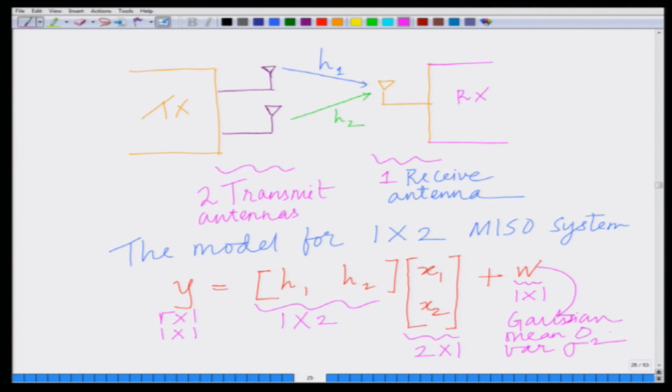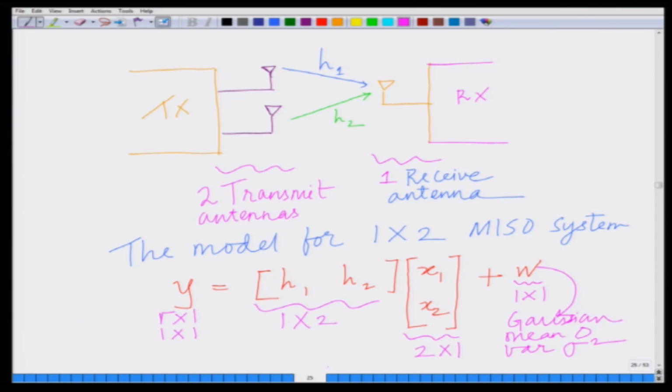So w is Gaussian noise with mean 0 and variance sigma square. The received symbol y is a single 1 cross 1 symbol, the channel vector h1 h2 is the 1 cross 2, that is r cross t MISO channel vector, and x1 x2 is the 2 cross 1 or t cross 1 transmit symbol vector in this MISO system.